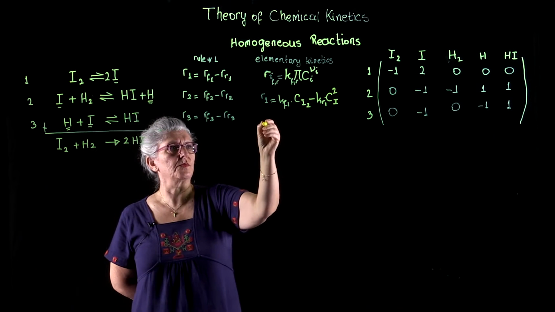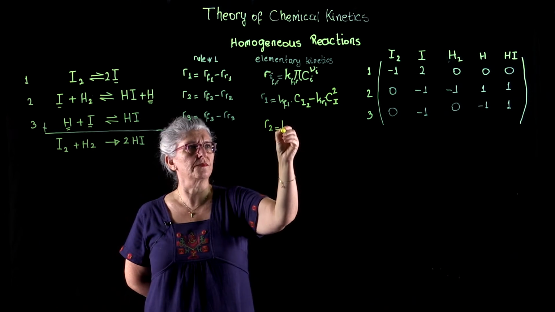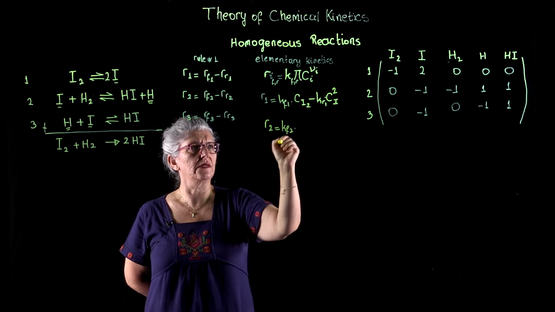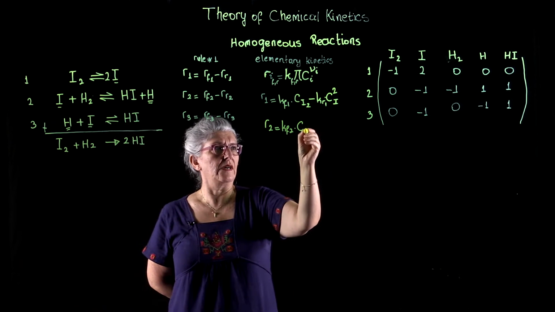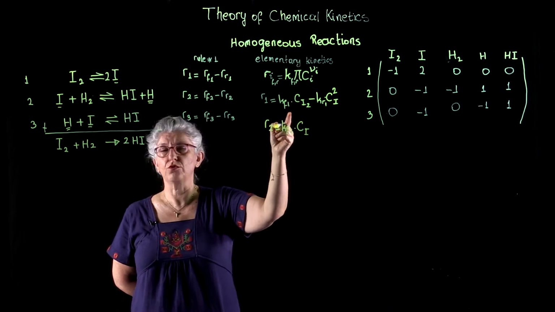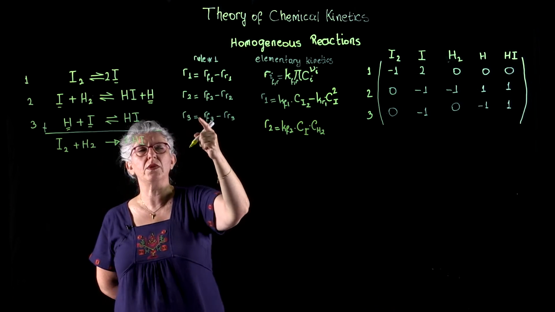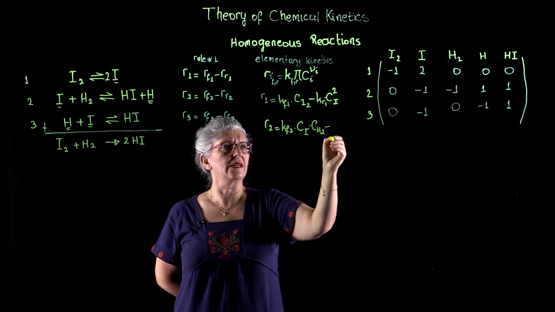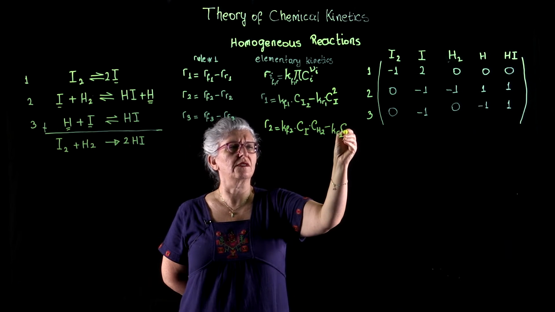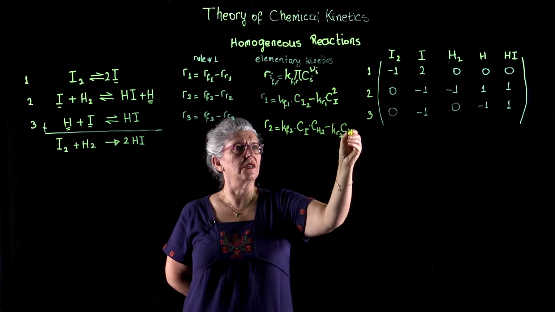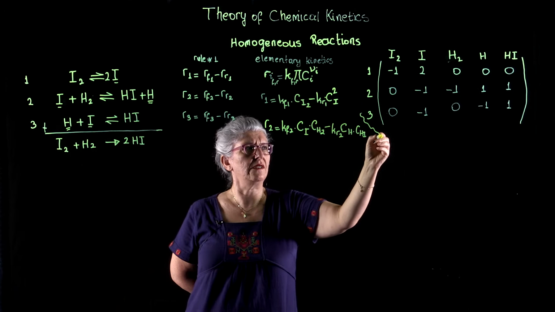Rate 2 is K forward 2 times concentration of iodine atom raised to the power 1 times concentration of hydrogen raised to the power 1, minus K reverse 2 times concentration of H and concentration of HI.